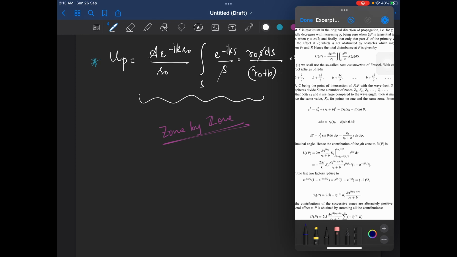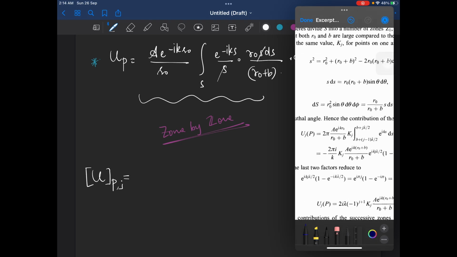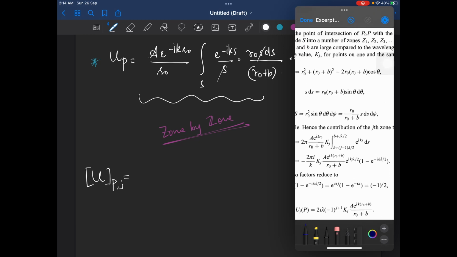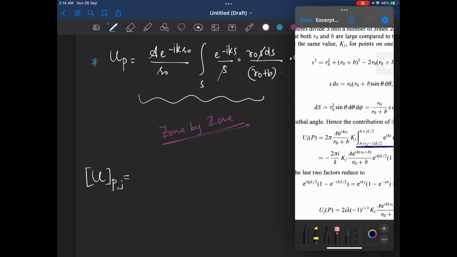U of P at J due to the jth zone equals. I understand that he is integrating it.